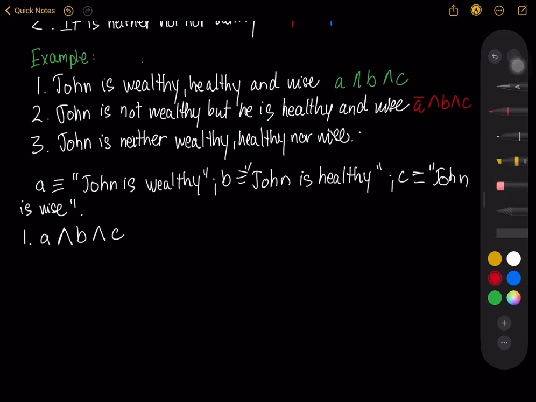John is neither wealthy, healthy, nor wise. We all notice that these are all negations, so we're going to do not A and not B and not C. All right, we all good.